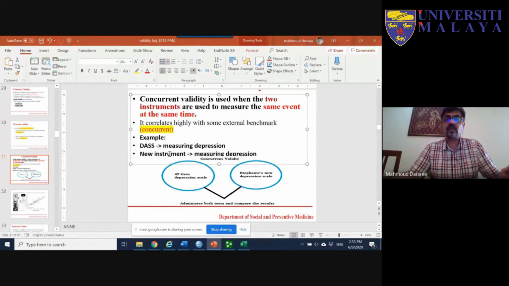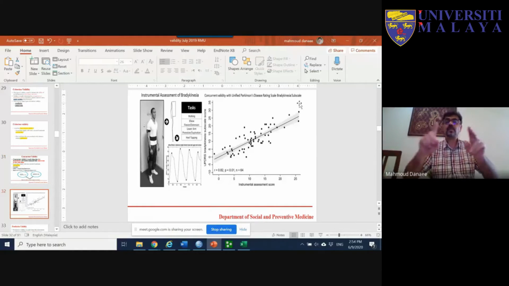So what we do is try to collect data for both instruments from a sample. In your pilot study, you administer both tests among the same sample, and you try to correlate them. If these two instruments are highly correlated, it means your instrument is a valid instrument.